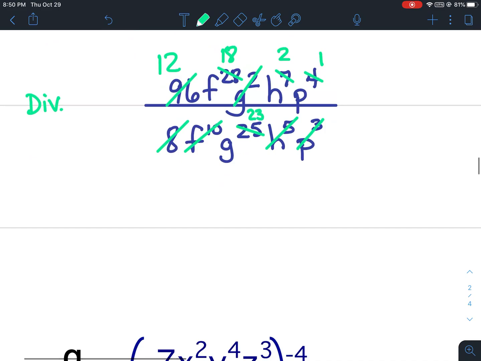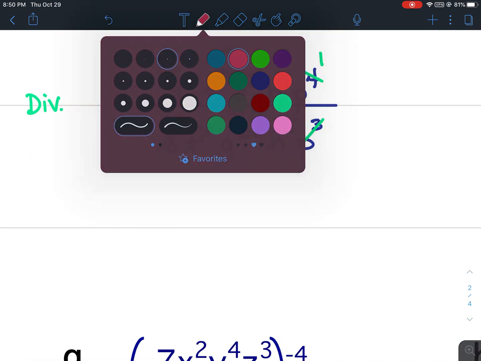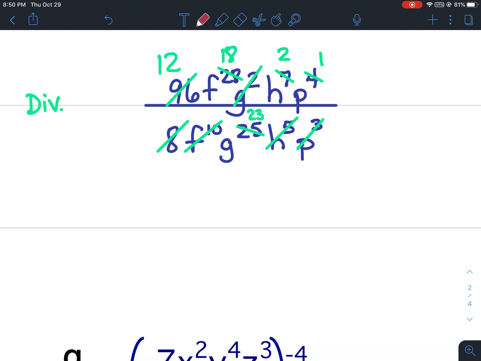When you divide, you always rewrite. Whatever's in the numerator will stay in the numerator. Whatever's in the denominator will stay in the denominator. In the numerator, I have 12, f to the 18th, h to the 2nd, and p to the 1st, which I'm just going to put p.